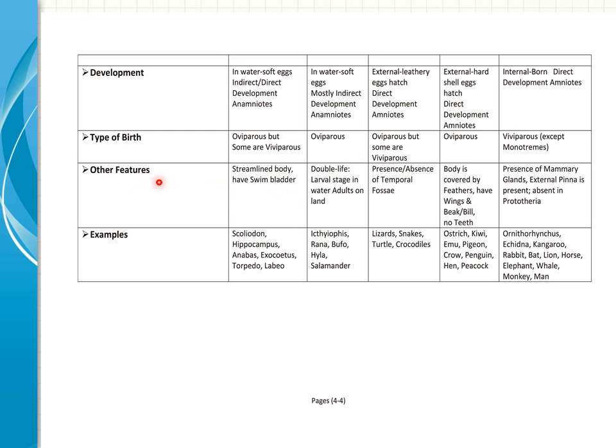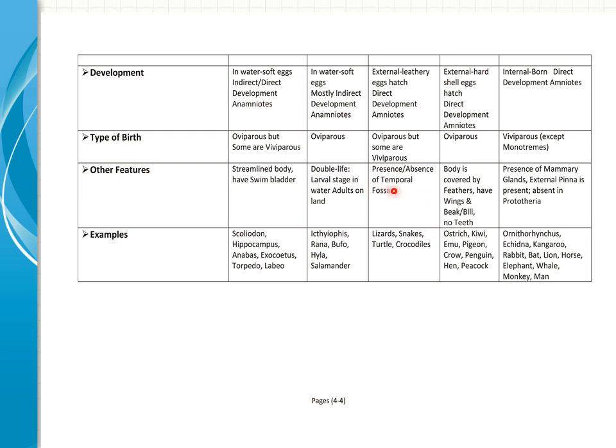Some other features associated with these classes: in fishes we can see the presence of a streamlined body. They have a swim bladder. Amphibians lead a double life, that is they are aquatic as well as terrestrial. Larval stages occur in water, whereas adults inhabit water as well as land.